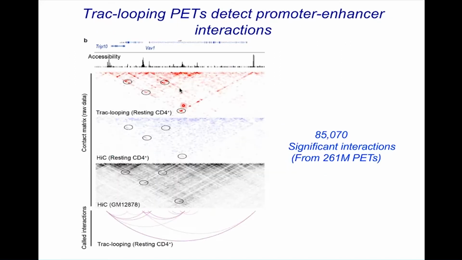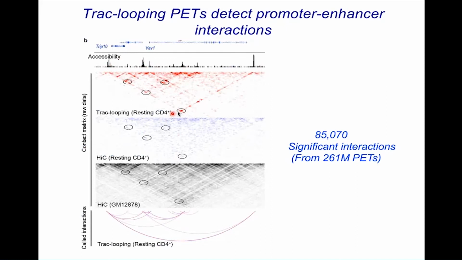So this is an example of the genome basically containing the TRAP10 gene. As you can see, this is chromatin accessibility represented by short cuts from Trac-looping, and this is the interaction matrix. And we indeed observe the interaction with elevated red signals between promoters and also enhancers.